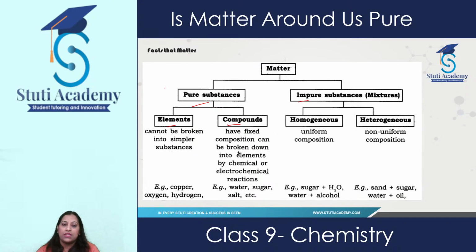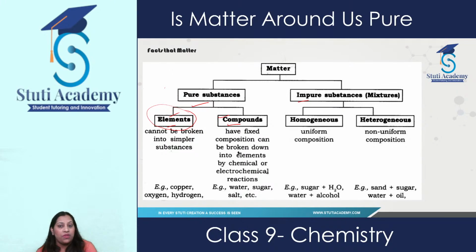First of all, we'll take pure substances, and there are two types of pure substances, elements and compounds. First I'll take elements in detail. Elements are those substances which cannot be broken down into simpler substances by any physical or chemical means.